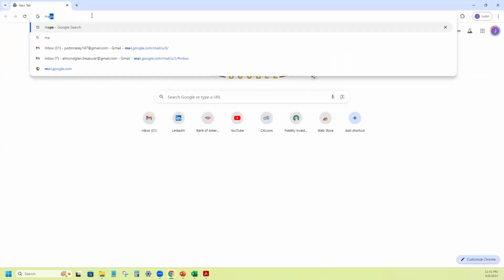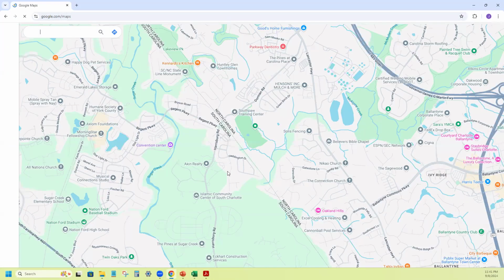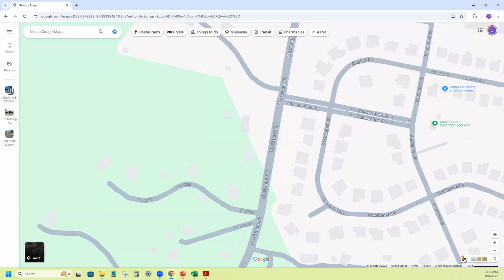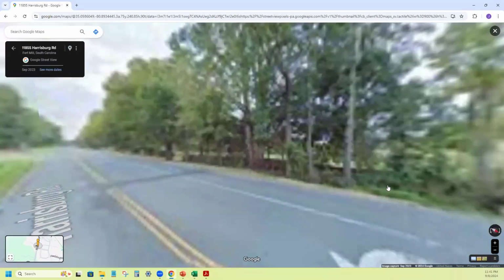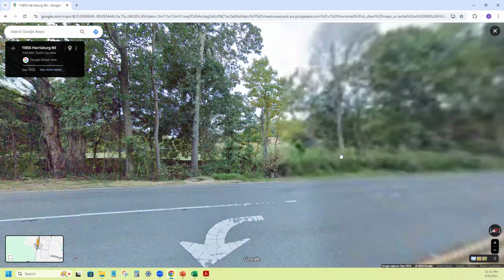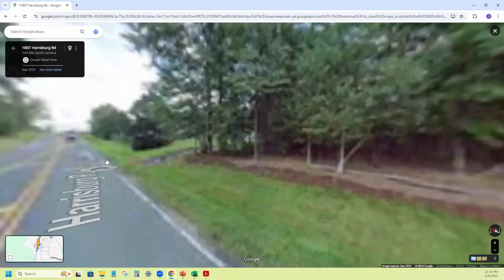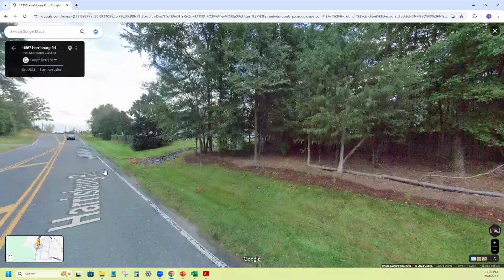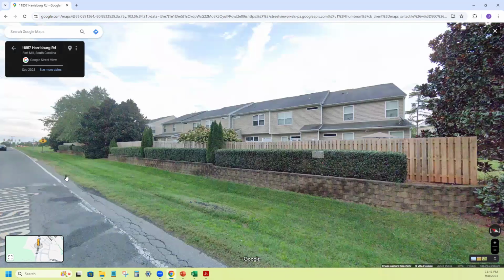And then going into Google Maps and seeing, what does that relate to? That is the wooden fence that runs along the length of the community, and that is a builder installed fence, and so that's a common expense.